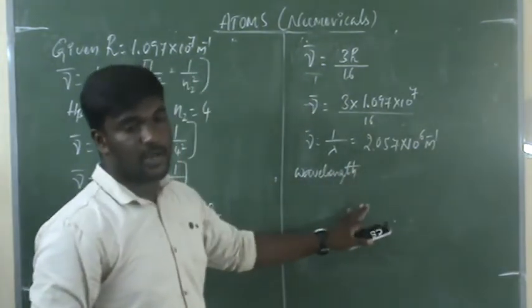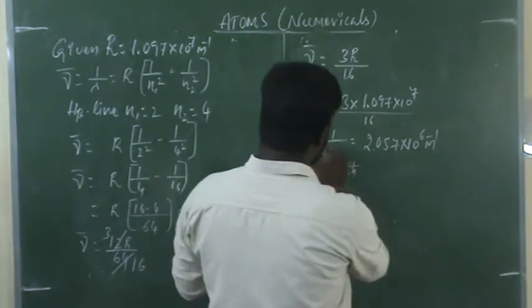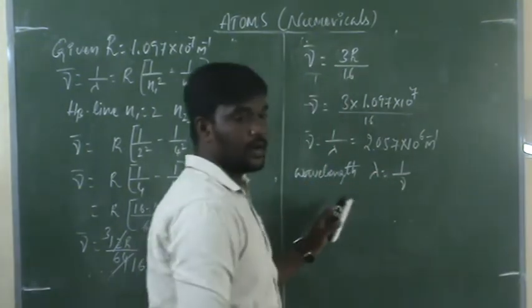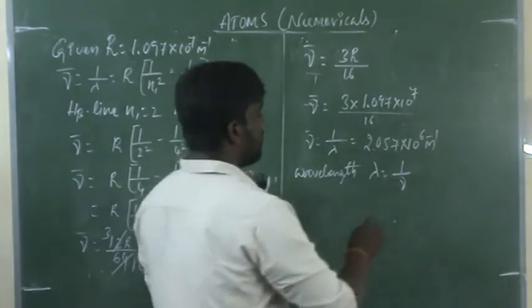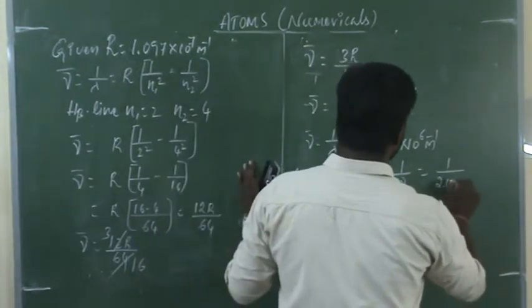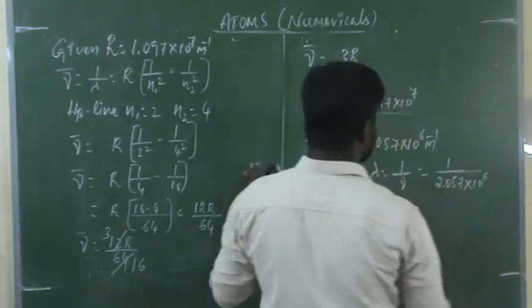what is the wavelength formula? Lambda equals 1 over nu, which means 1 divided by 2.057 into 10 to the power of 6.